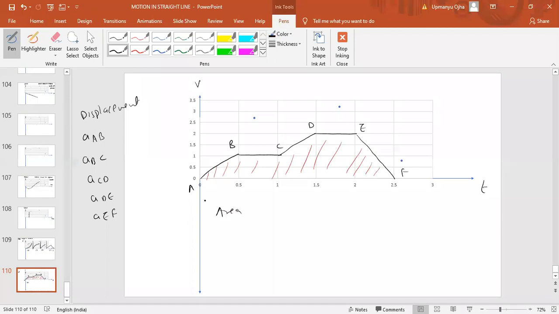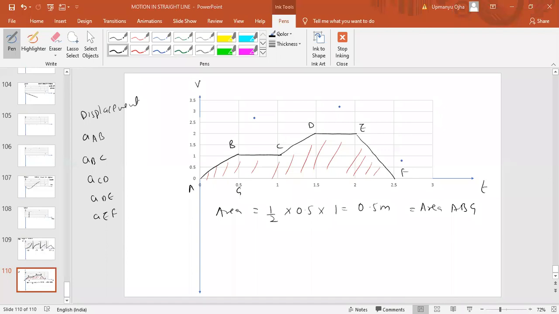Area will be equal to this triangle ABG. ABG is one triangle. That is equal to how much? Half. Base is 0.5. Height is how much? 1. So this will come as how much? 0.5 meter. So this ABG area will be equal to 0.5 meters, which is the displacement here. Okay.